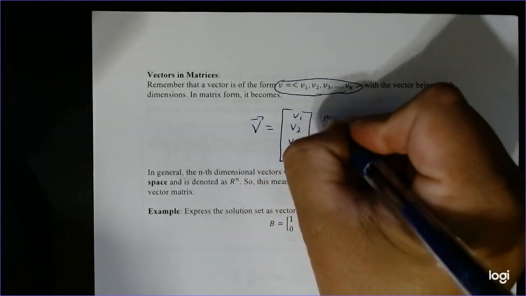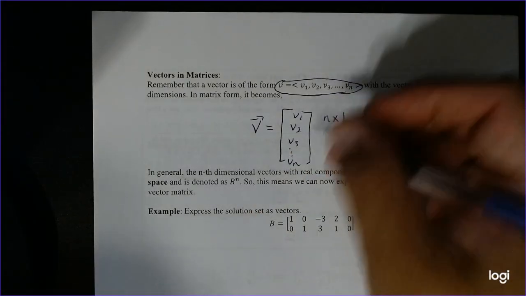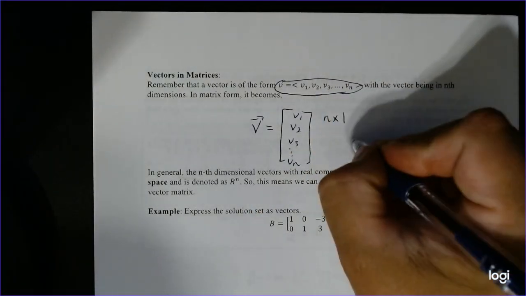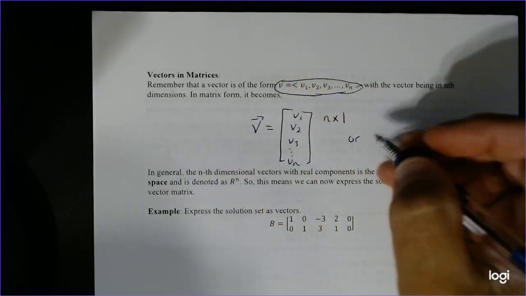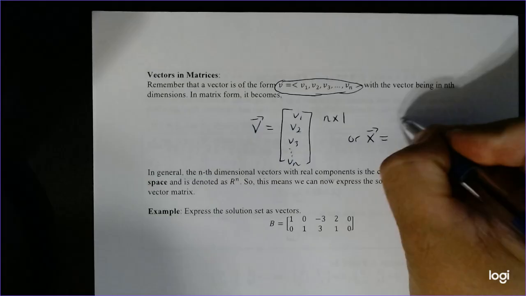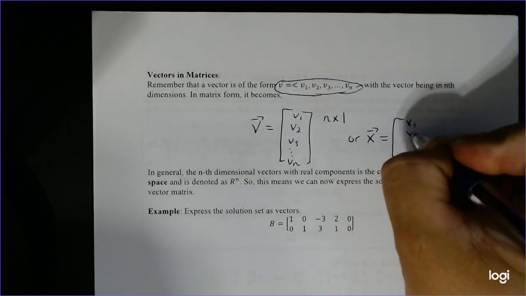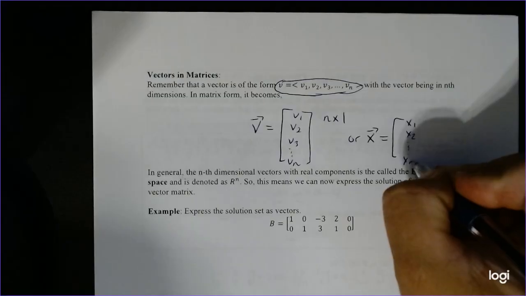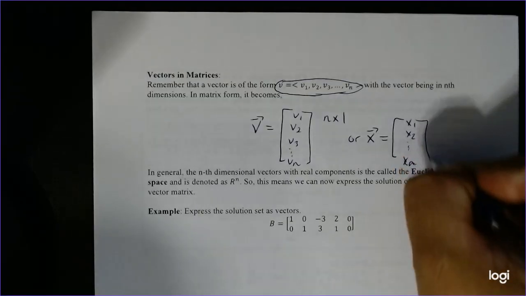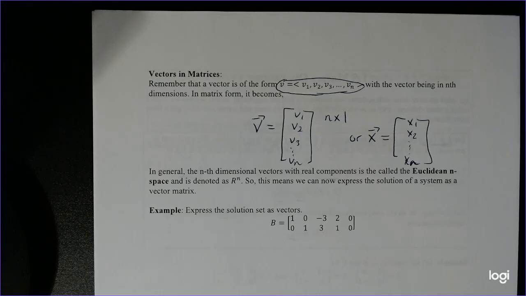Like I said, this is going to be an n by 1 matrix. Now, when we talk about solving for a system later on, most of the time we'll have the actual answers for x also as a column matrix, so x1, x2, all the way to xn as well. So we'll be using this notation once we solve for systems.